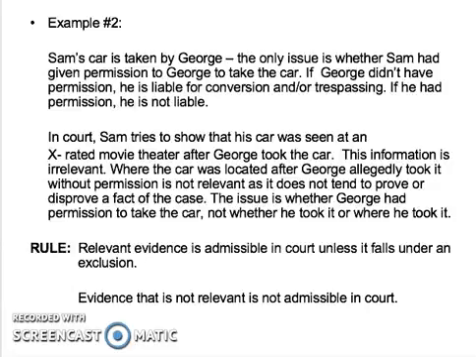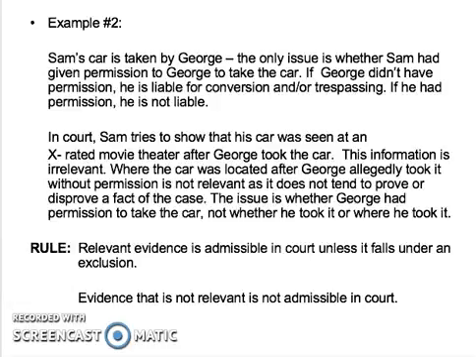And they want to offer into evidence that the car was seen in an X-rated movie theater. Is that relevant to whether or not George had permission to take the car? It really isn't relevant. It doesn't tend to prove or disprove a fact of the case. Did he have permission? But trying to get that information into evidence could certainly sway a jury, because then they might view George a little bit differently.